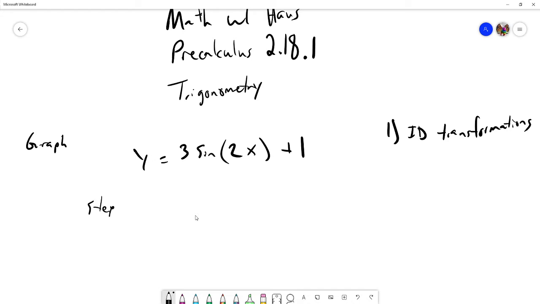We have a 3, a 2, and a 1. In fact, I think we should color code this.